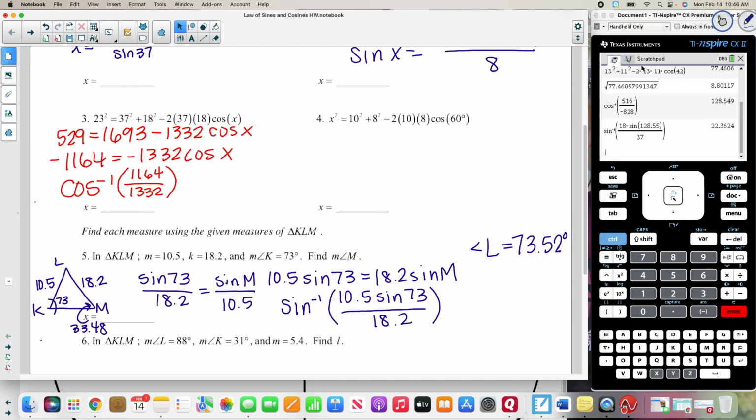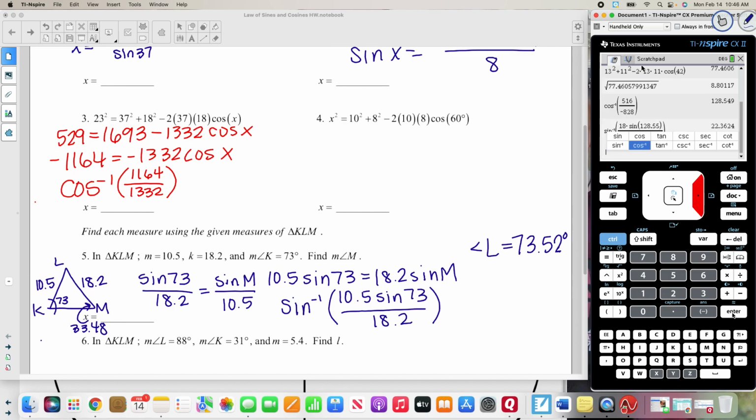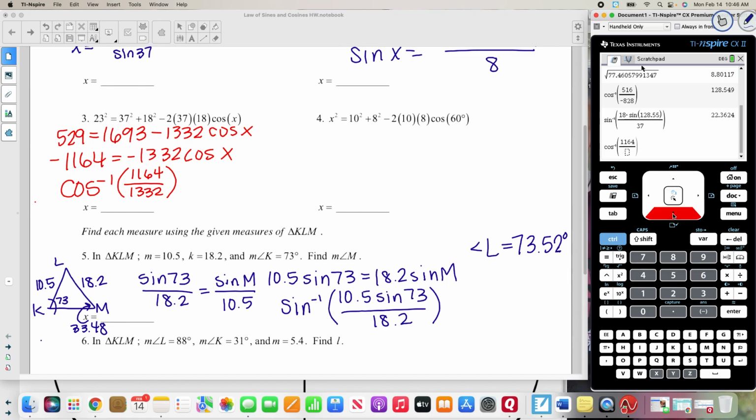Robert, do we know now that we're not going to type an equal sign? Yes, ma'am. Perfect. 29.09.